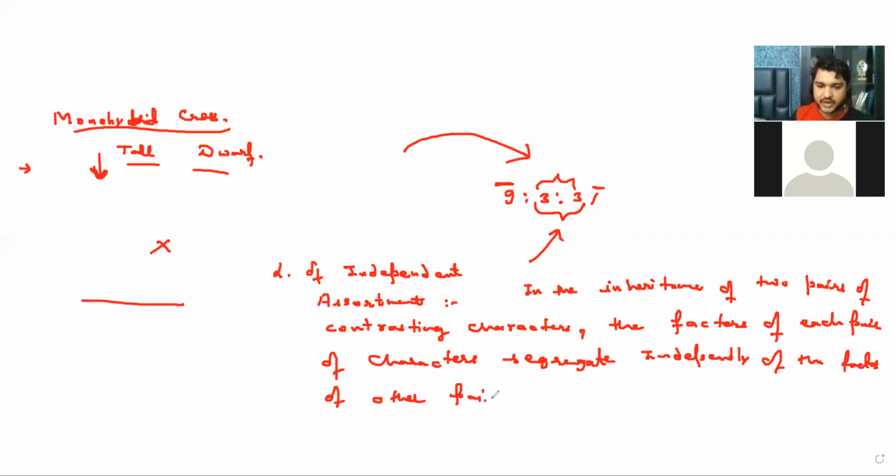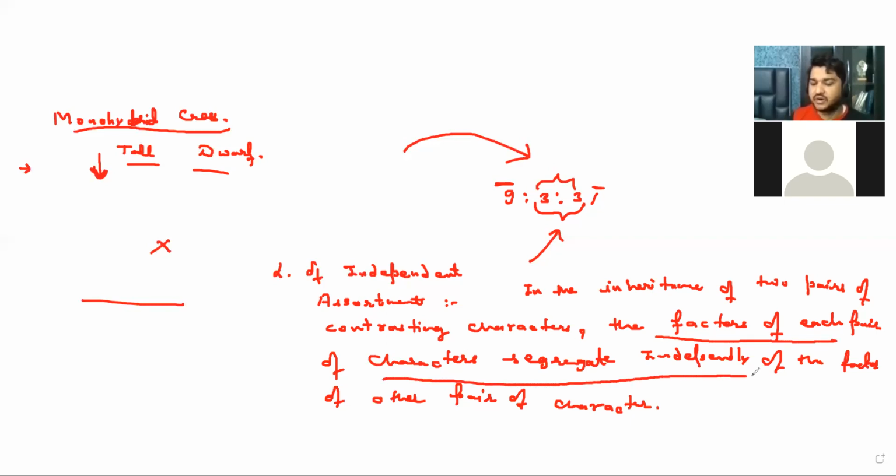This is what you have to write. The main line is that one gene of each pair of characters separates completely independently of the factor of the other. This is known as the law of independent assortment.